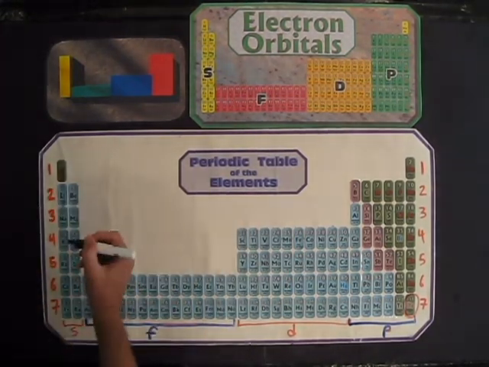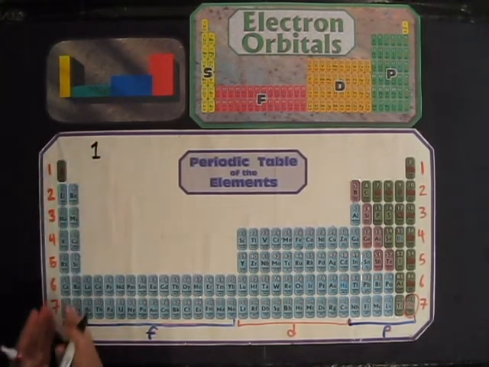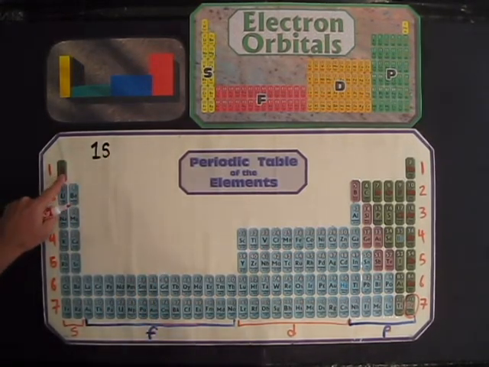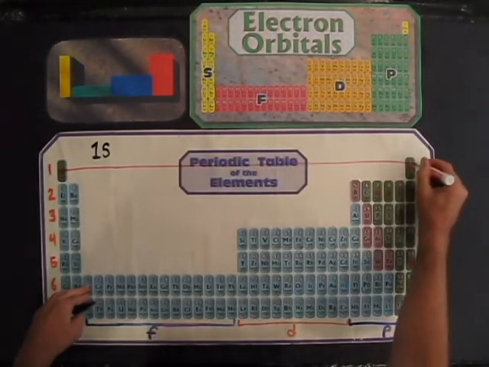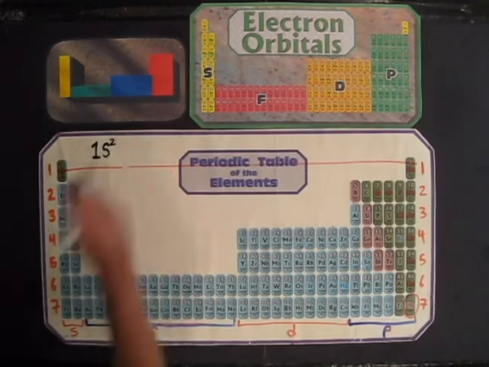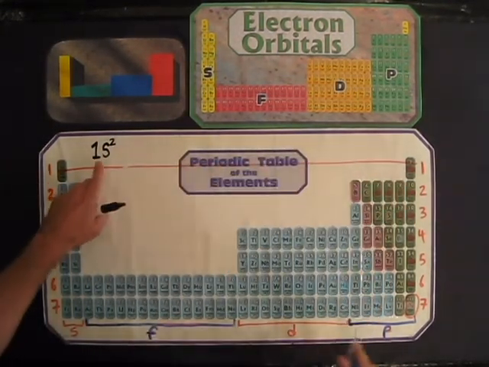Okay, so we start off with the first energy level, and it's the s block. So it's an s orbital, and I can fit 1 in there, or if I'm going all the way across to helium, then I can fit 2: 1s2. Then, after doing that period, I'm done with the first energy level.